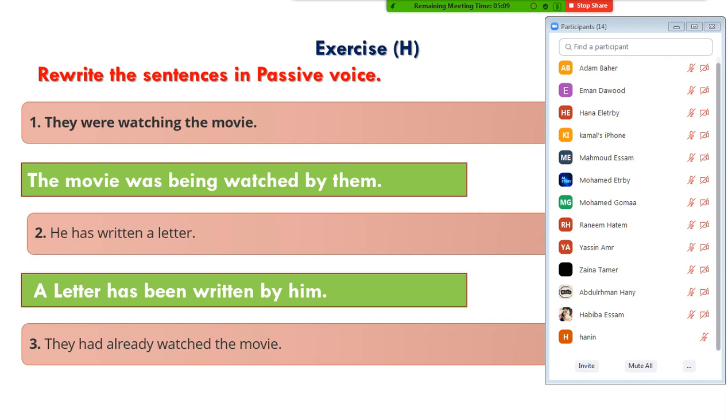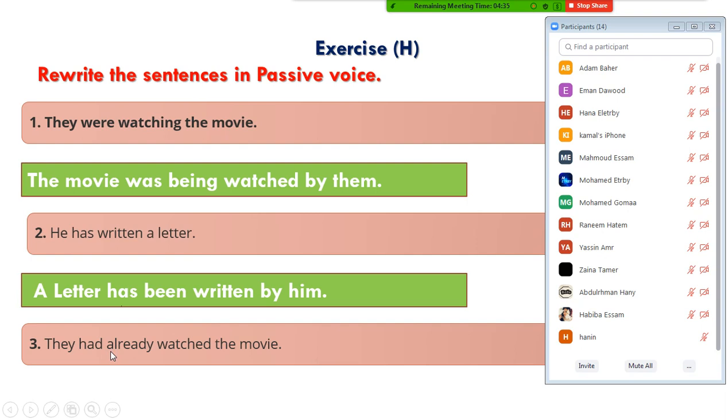Your answer? The movie was already watched by them. Was already watched. Now this is past. You turned it into past simple only. I need past perfect. Exactly like number two, like what Ranim did. She used has in the passive sentence.